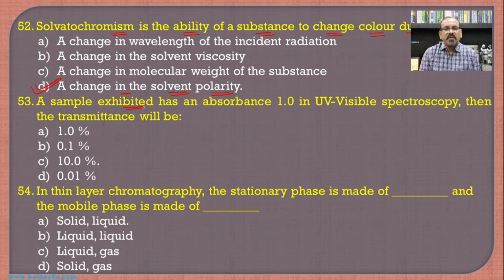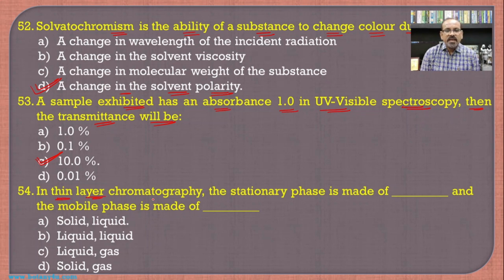A sample exhibits an absorbance of 1.0 in ultraviolet visible spectroscopy, then the transmittance will be 10.0%, since it is usually found to be 10 times lower.